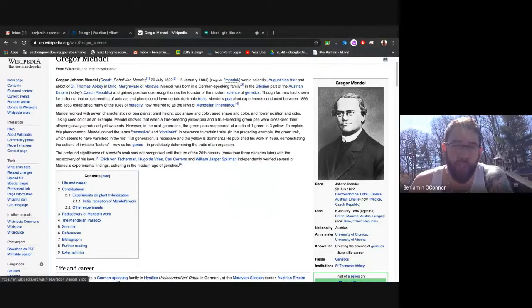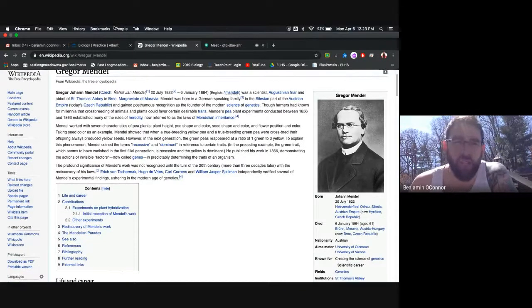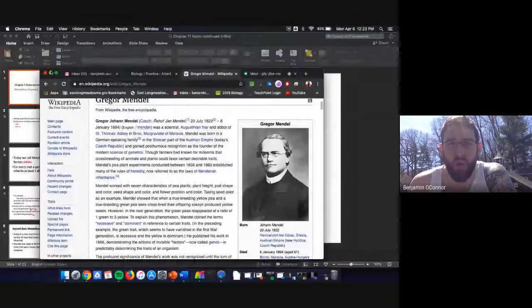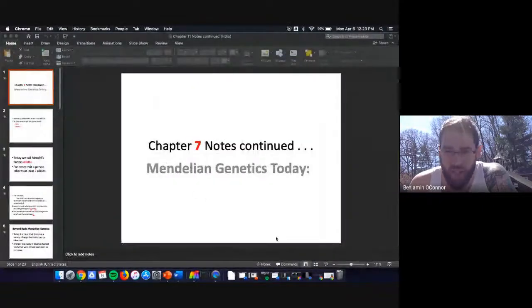Long story short, he was a monk, and he did a lot of tests with pea plants and bred a bunch of physically different pea plants, with different colored flowers and different types of peas, wrinkled and round and different colors. Essentially, he is the first person to document hereditary traits being passed down from parent to offspring.